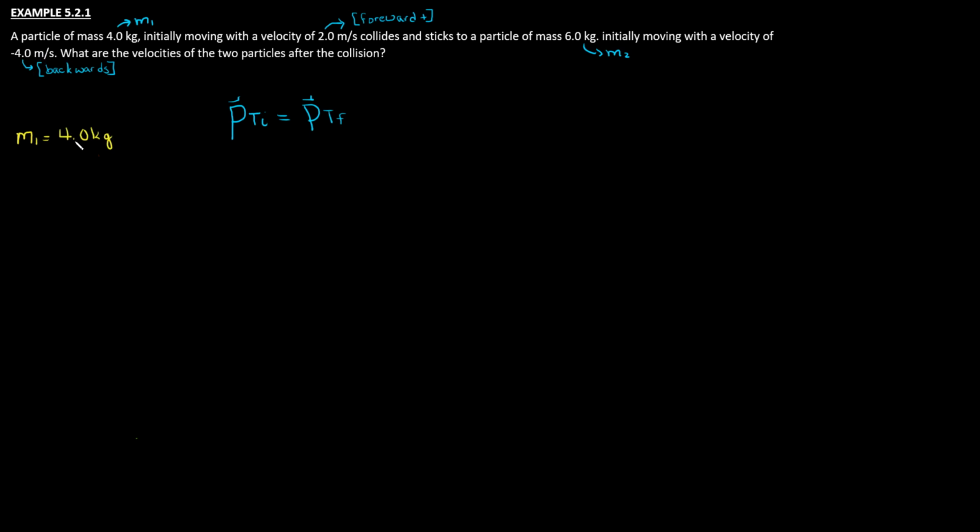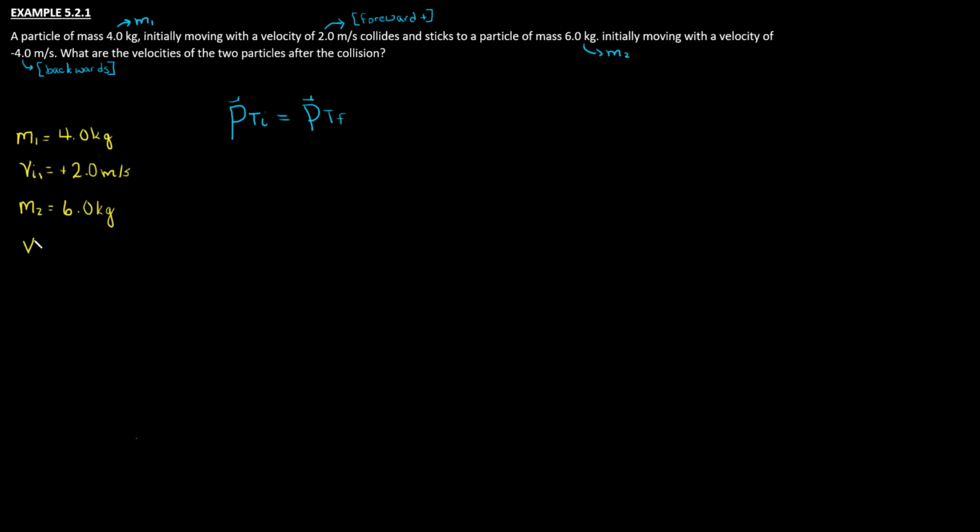Okay, so M1 is 4 kilograms and it has an initial velocity, so we're not going to call it V1I, we're going to call it VI1, sorry, of positive 2 meters per second. M2 is our 6 kilograms.